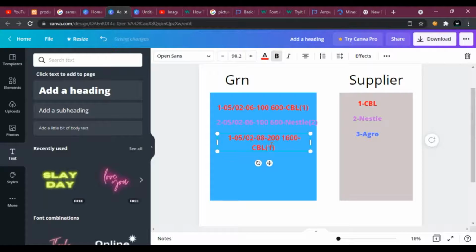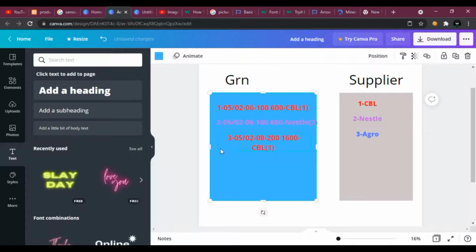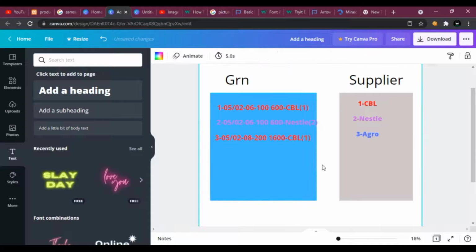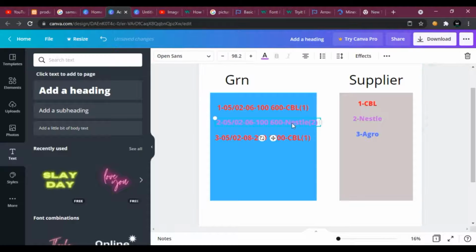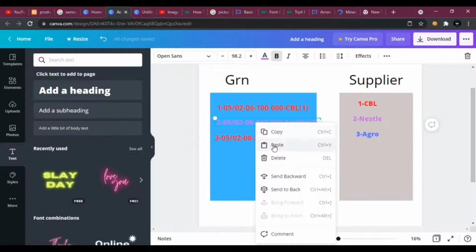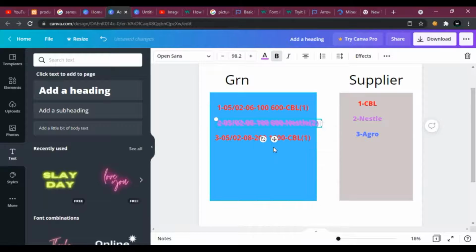Yes, CBL, and the GRN ID will be 3. Also on the same date, he bought another, different product from Nestle.